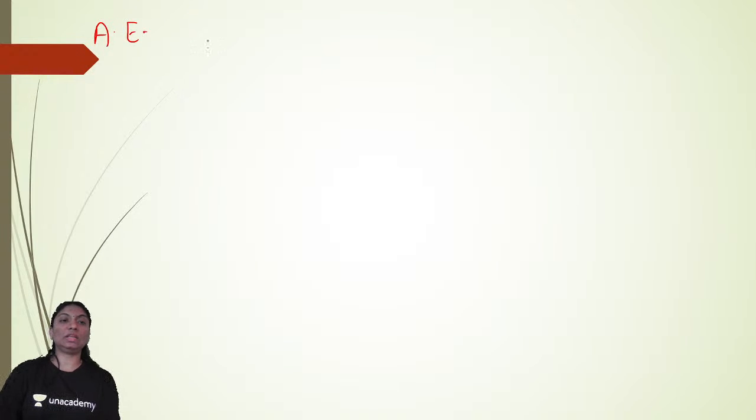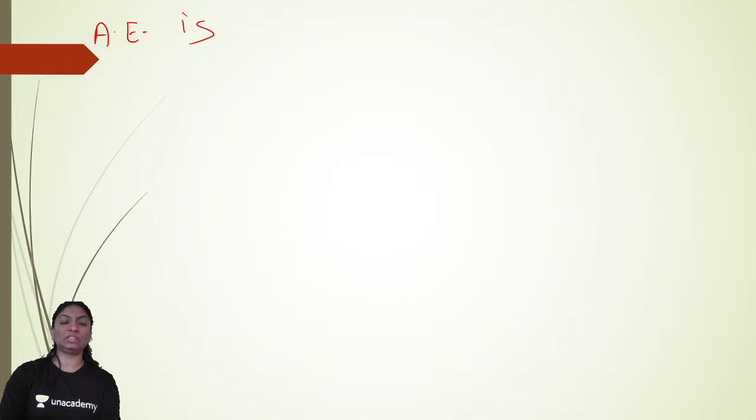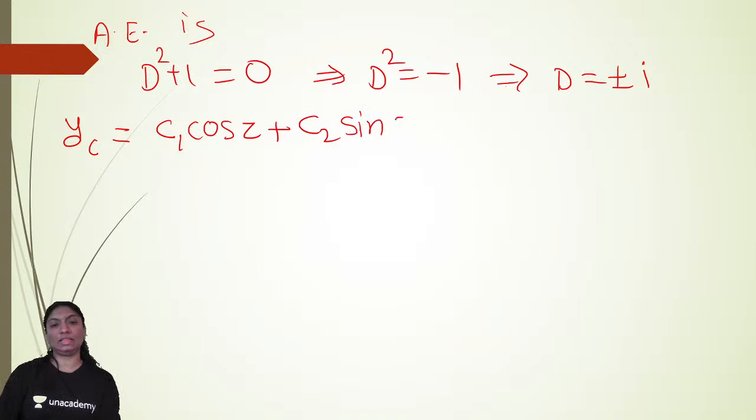So the auxiliary equation is D square plus 1 is equal to 0, which implies D square is equal to minus 1, which implies D is equal to plus or minus i. So your complementary solution, that is yc, is equal to c1 cos z plus c2 sin z.